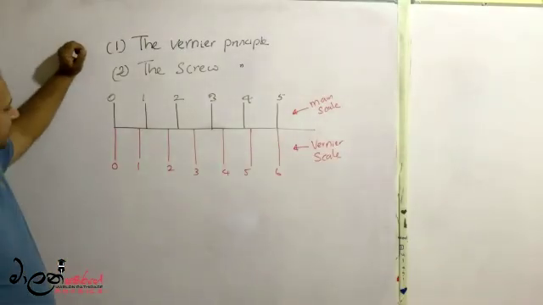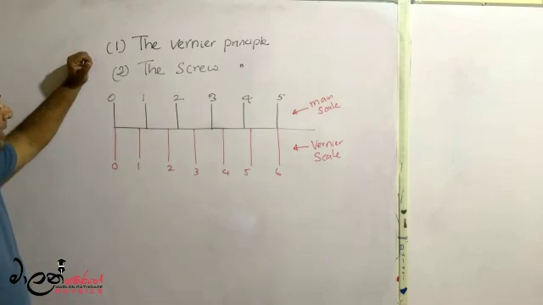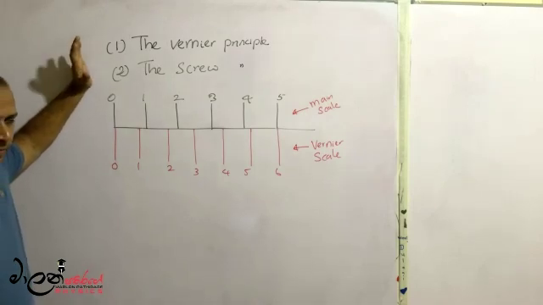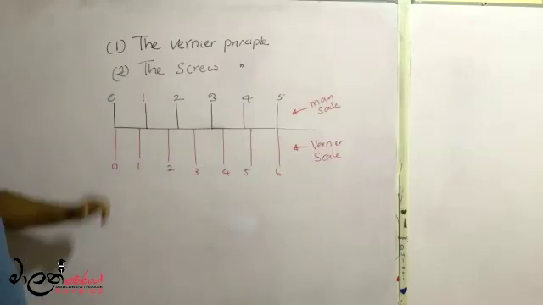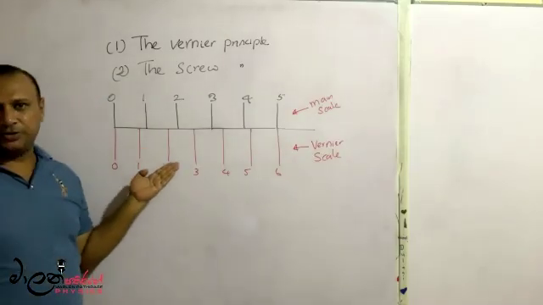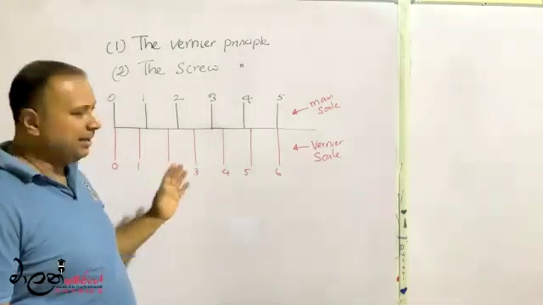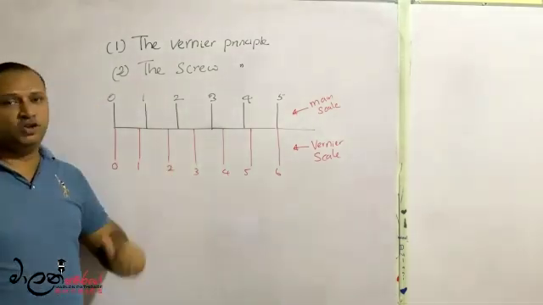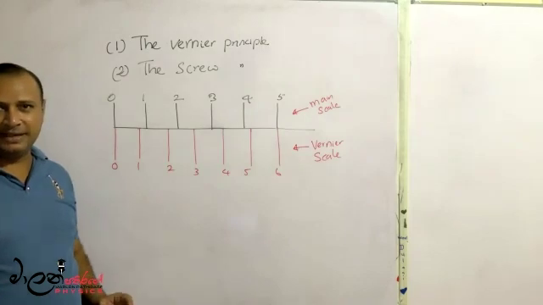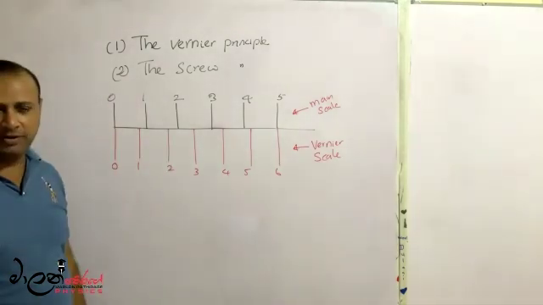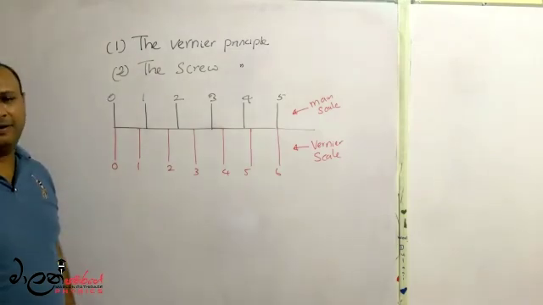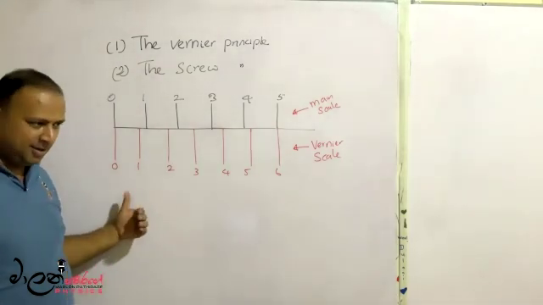So now this scientist had 2 scales. Now we have two scales in one measuring instrument. That's the most important case. And what is the reason for that?